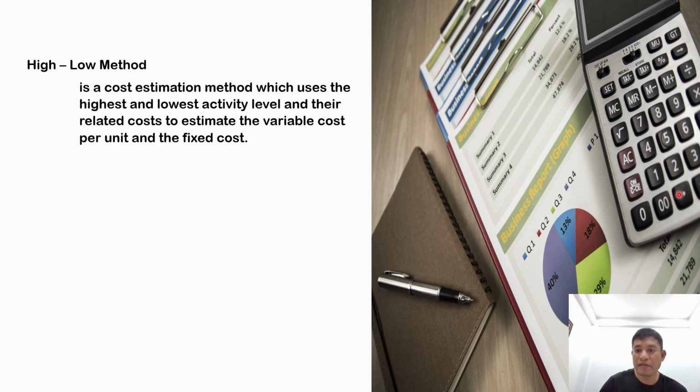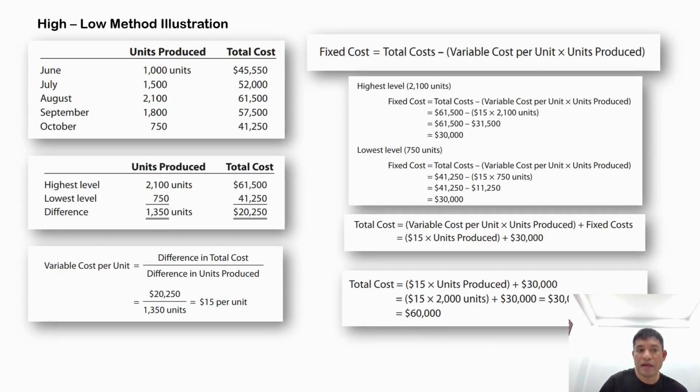To illustrate the high-low method, assume that the equipment maintenance department of Quezon Incorporated incurred the following costs during the past 5 months, from June to October.